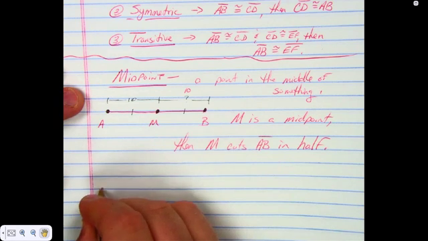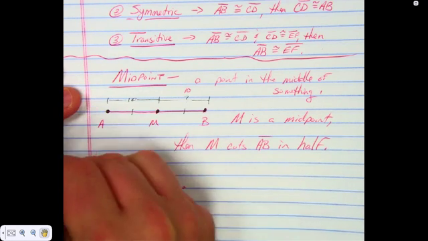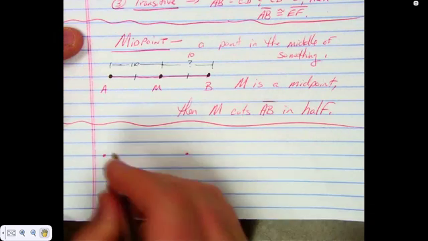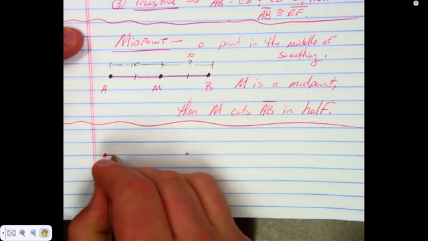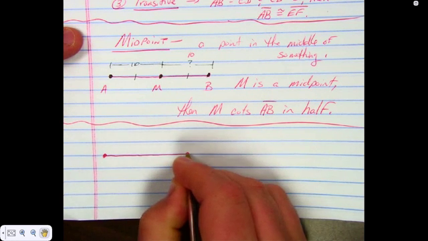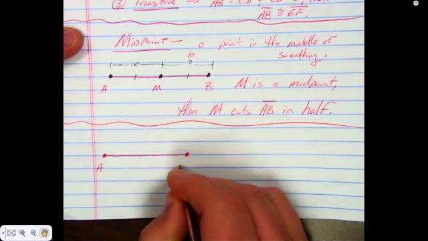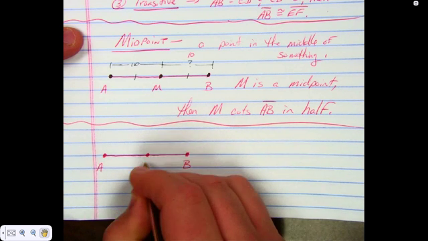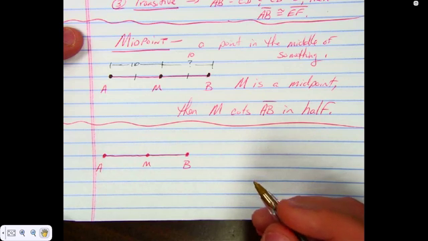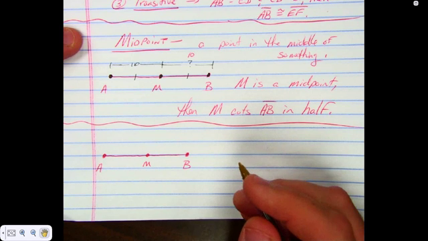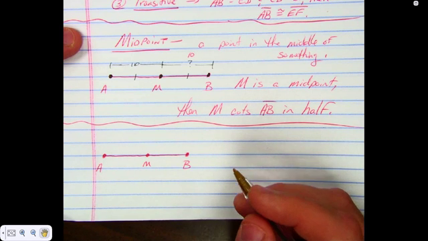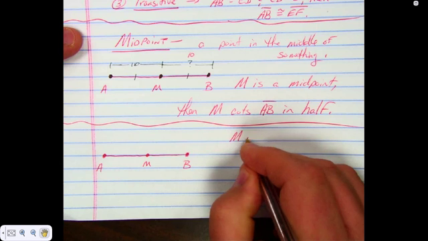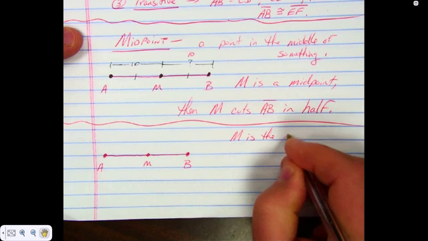We also have another situation here. Draw yourself another segment. We'll label it AB. We'll draw a point right in the middle and label it M again. We'll say M is the midpoint again.